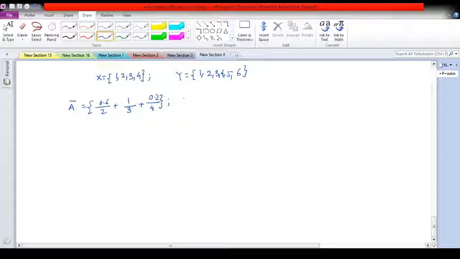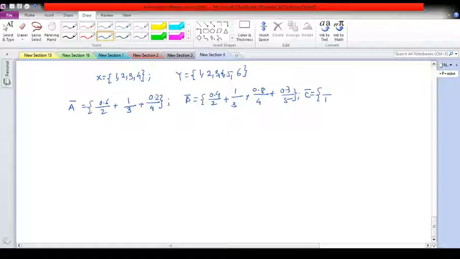Okay, and similarly define b bar, which is, suppose, for 2 it is 0.4, for 3 it is 1, for 4 it is 0.8, for 5 it is, for example, 0.3. Okay. And let me give you the c bar also.